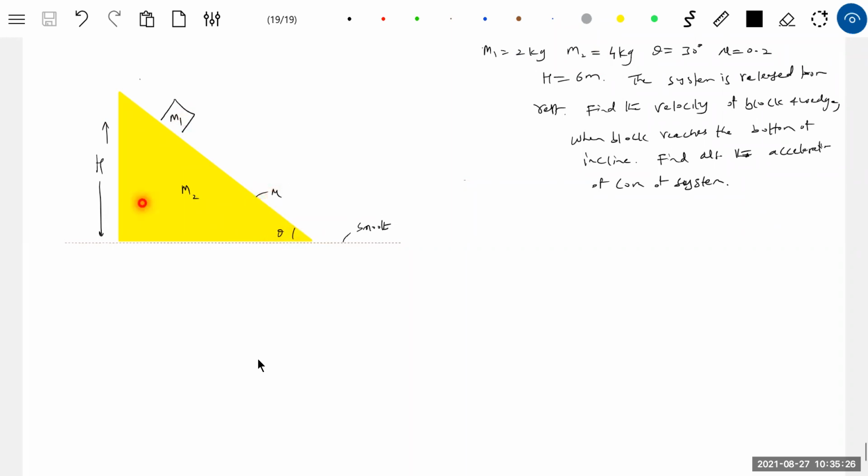The system is released from rest. Find the velocity of the block and the wedge when the block reaches the bottom of the incline. And it is asking to find also the acceleration of the center of mass.